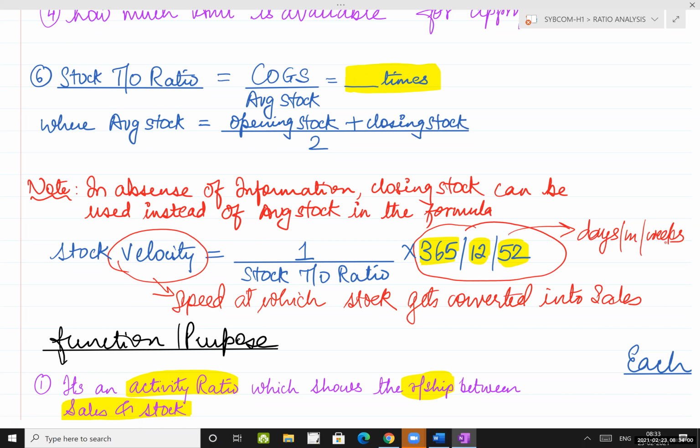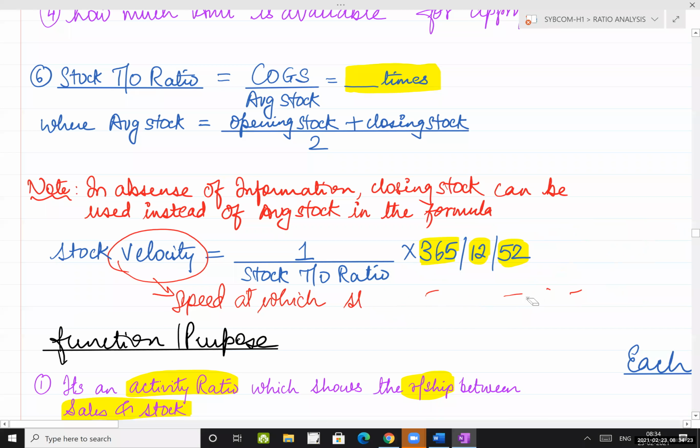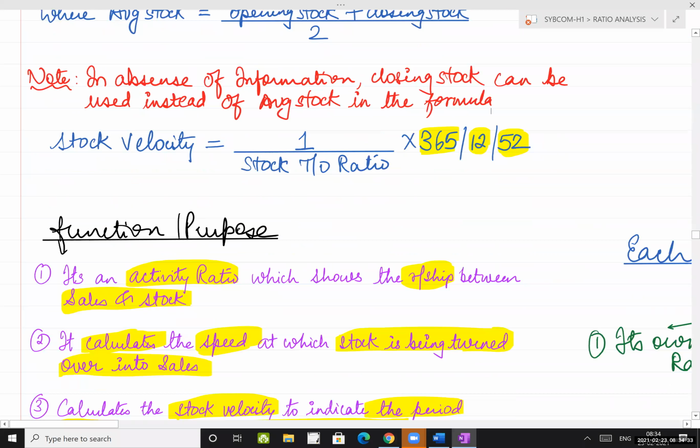Is this clear up to here? Acknowledge in the chat box. Okay, fine. Then note down this.